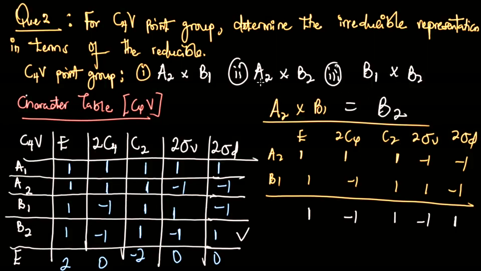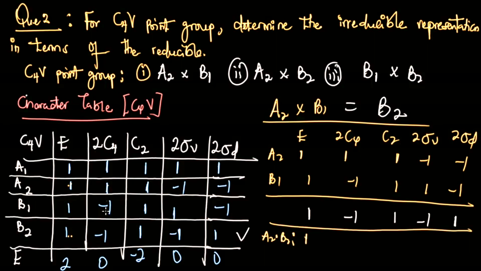So also when you multiply A2 and B2, this one times this one should give us, let's write it here, A2 B2. This times this we have 1.